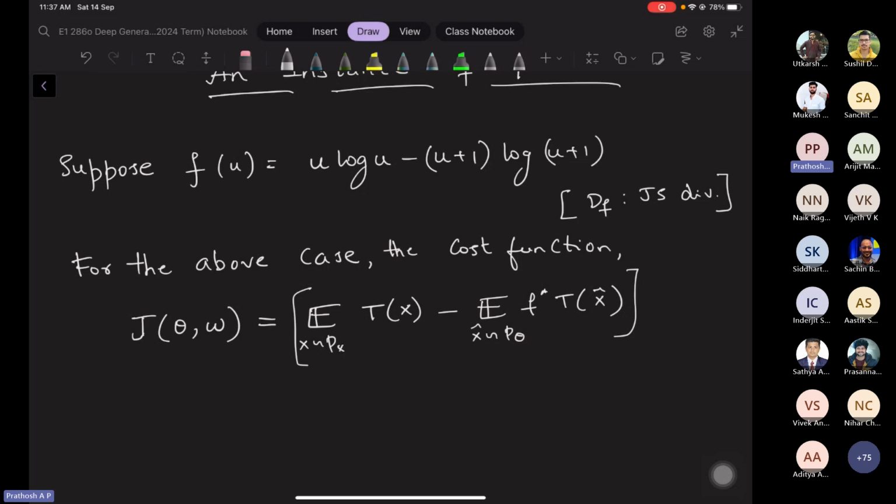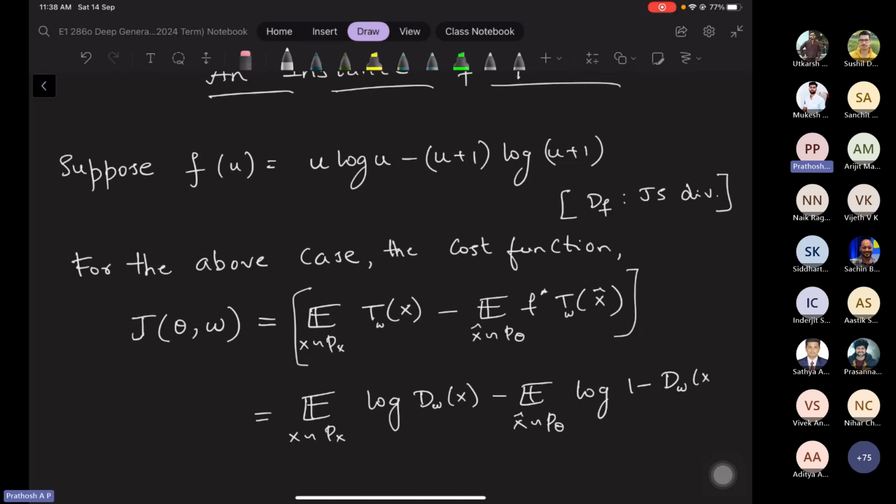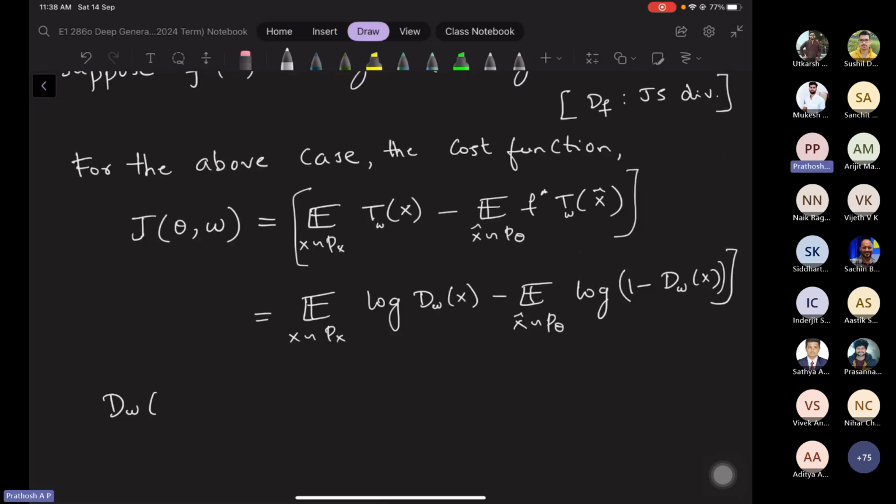If you use that for this particular case, this will be equal to the expectation of x coming from P_X of log of D_w of x, minus the expectation of x cap coming from P_theta of log of 1 minus D_w of x, where D_w of x is simply 1 by 1 plus e power minus T_w of x, which is simply sigma of T_w of x.